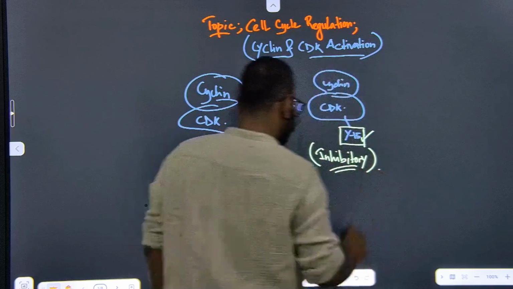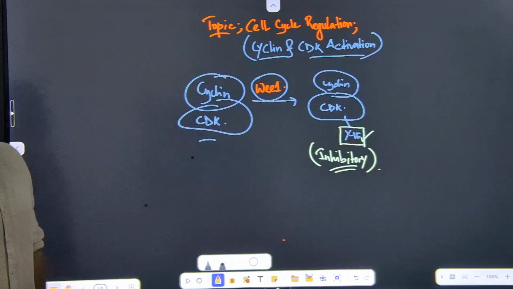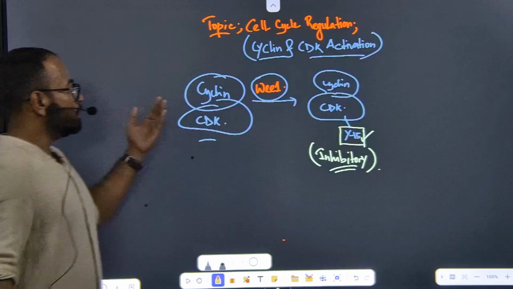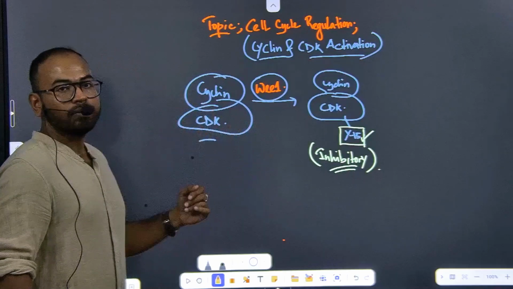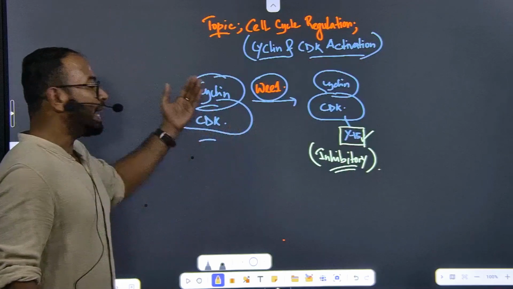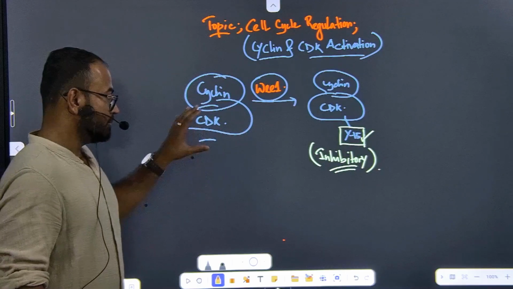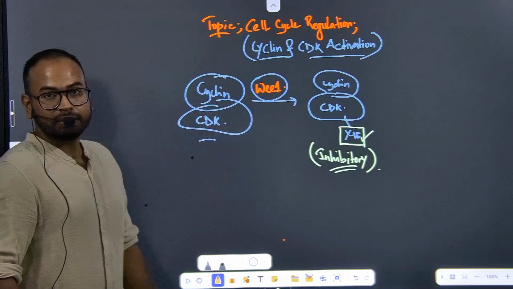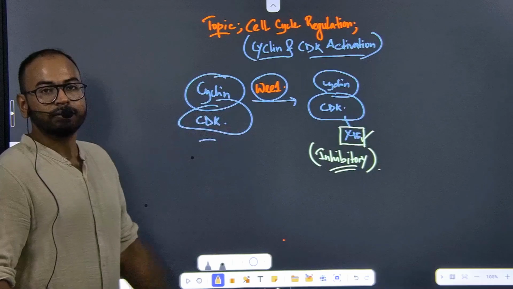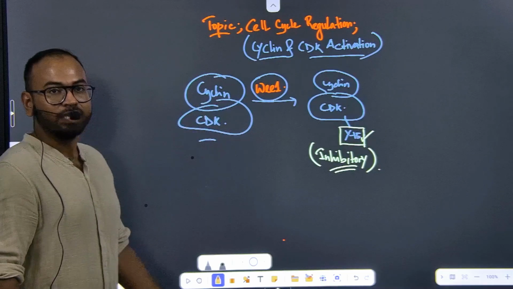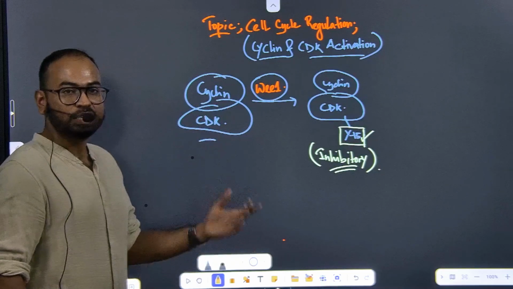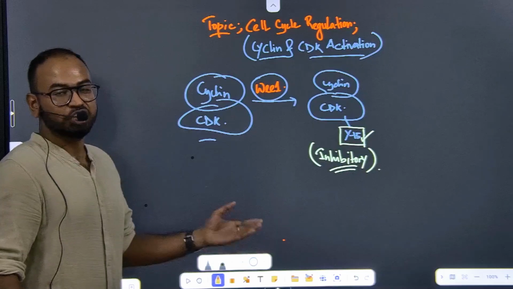This type of phosphorylation is inhibitory. That means by the activity of V1, the cyclin and CDK are now in a static state. They cannot regulate the cell to enter into G1, or to go from G1 to S or from G2 to M.